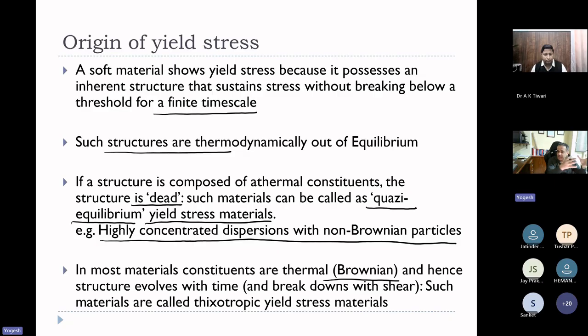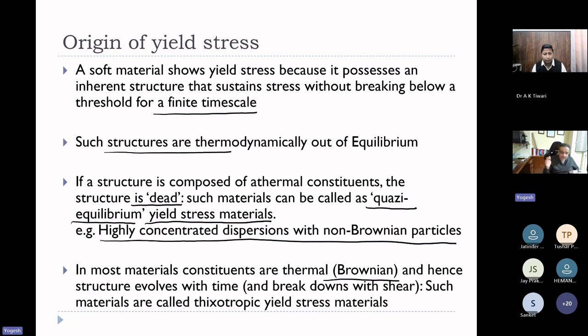The way a hot body kept in a cold environment eventually becomes cold is by virtue of the second law of thermodynamics. Any material which is out of thermodynamic equilibrium and has thermal constituents will undergo the jiggling motion in such a fashion that it slowly goes towards the equilibrium state.